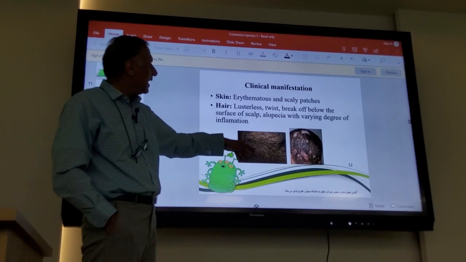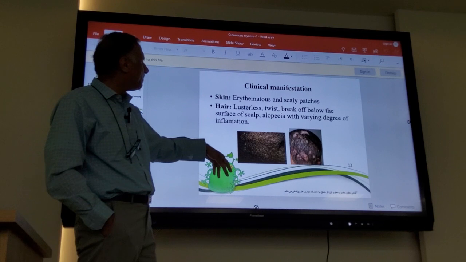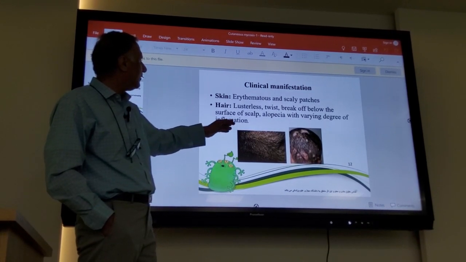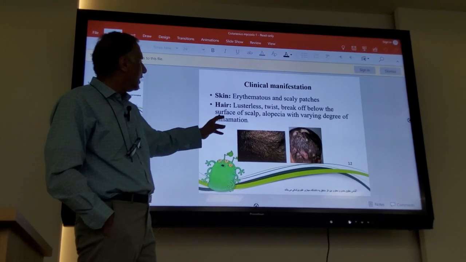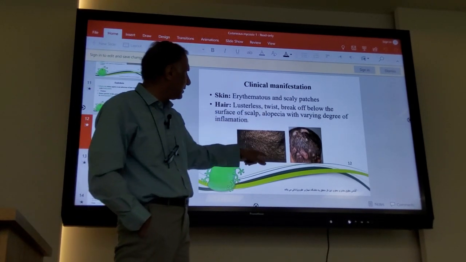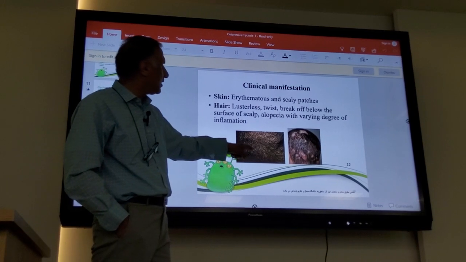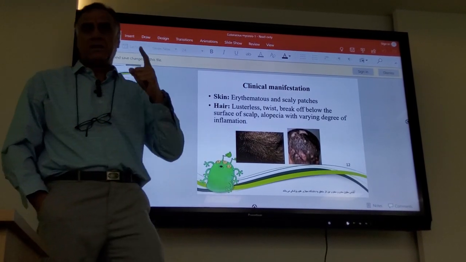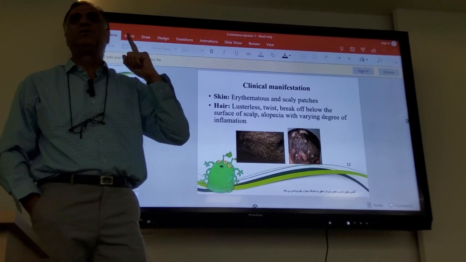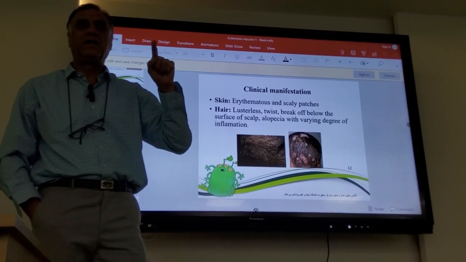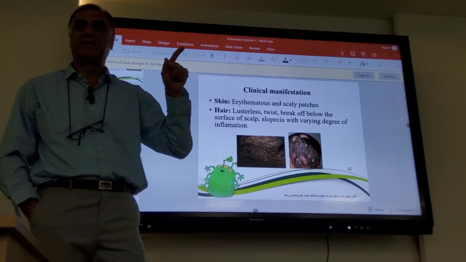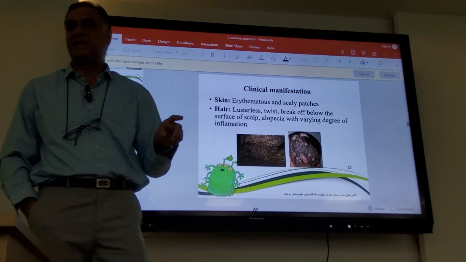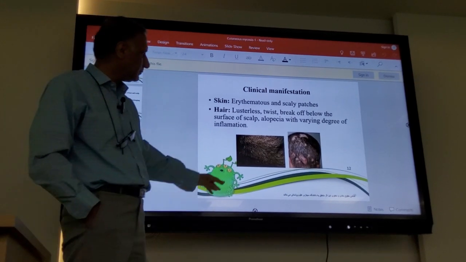We have alopecia in this picture with black dots. When we see black dots, we suspect anthropophilic dermatophyte and endothrix.